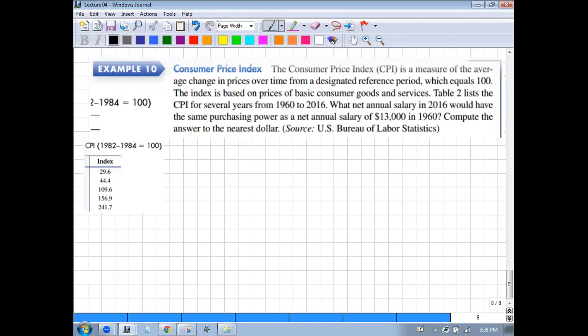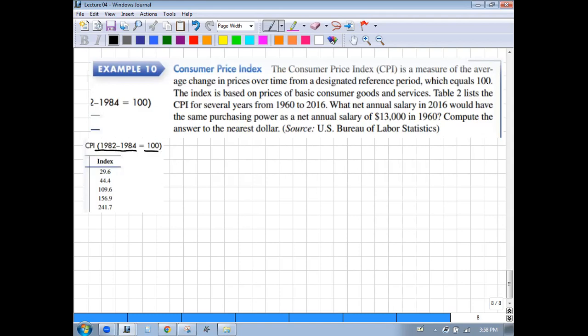All right, the Consumer Price Index, or CPI, is a measure of the average change in prices over time from a designated reference period, which equals 100. Okay, CPI. So the change in prices from 82 to 84 is equal to 100. That's the CPI.